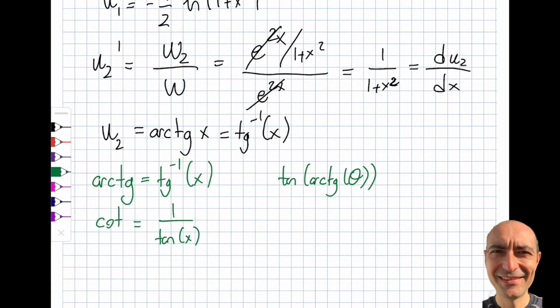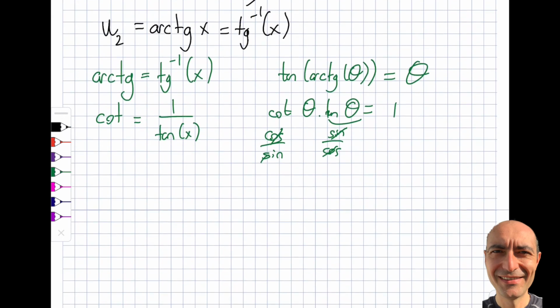I have an angle, tangent of arctangent of theta will be theta. And the cotangent of theta times tangent of theta, what will this be? Remember, this is sine by cosine, this is cosine by sine, so you can see 1. I just want to give you this flavor so we know what we're working with. All right, so that's fine.